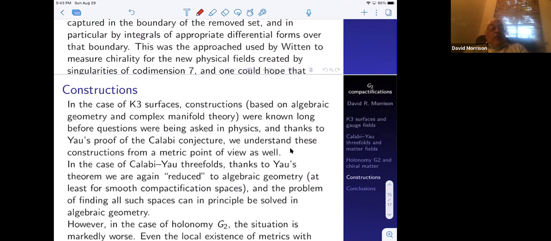And so in principle, the problem of finding all such spaces could be solved in algebraic geometry. That problem has been around for a long time, 40 years, and it hasn't been solved. So saying that it can be solved in principle is a great statement, but somehow my algebraic geometry friends and I have not succeeded in solving it.